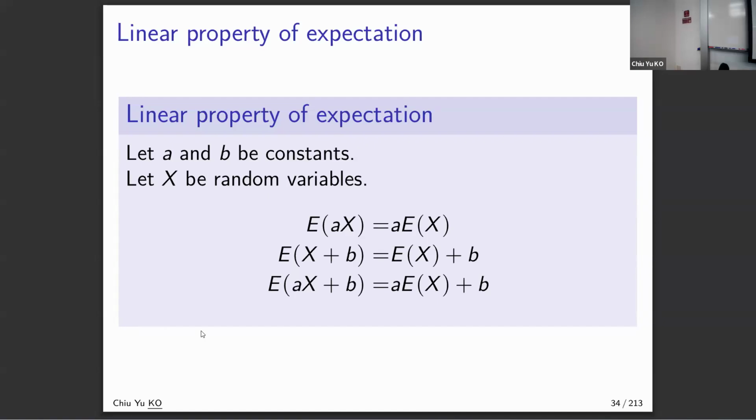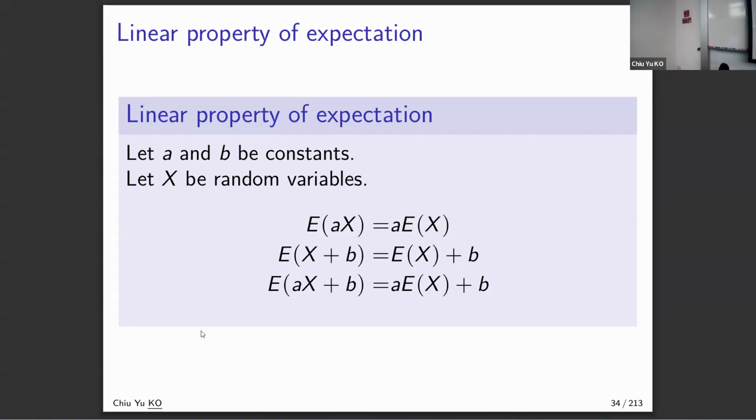And the last part is just to combine the two. You invest A number of shares in the stock plus B bond, so it's just A times EX plus B. In terms of expectation, you only care about the rate of return. We don't care about gross return. The rate of return is important.